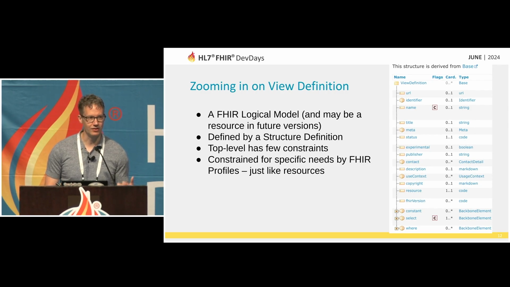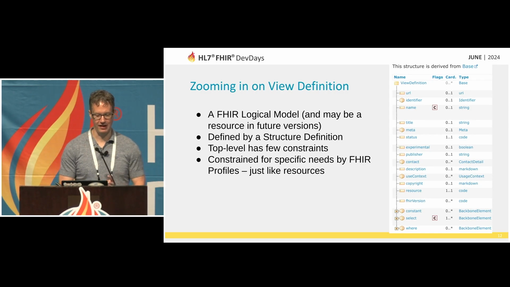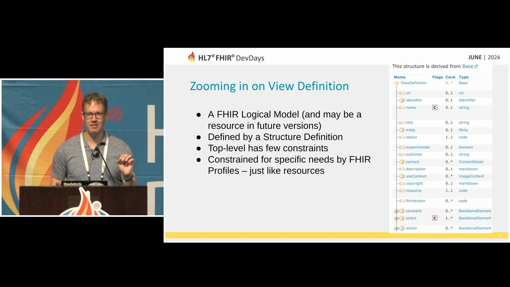Similarly, in the same spirit as all the FHIR approaches, we have very minimal top-level constraints on this structure definition. We want this to be a generic container that describes views that can be projected from a FHIR database, and then use profiles to narrow that down to meet specific needs.